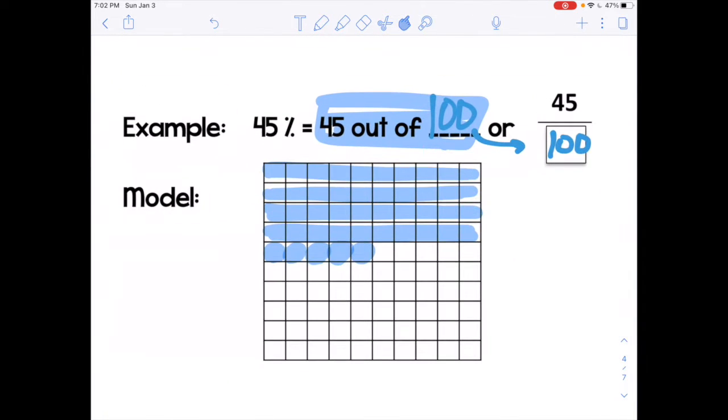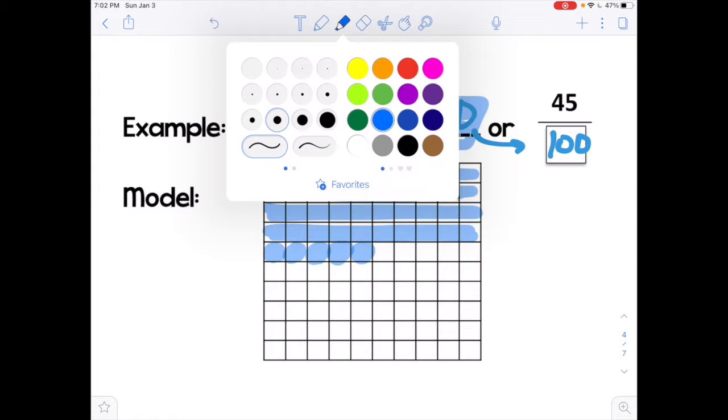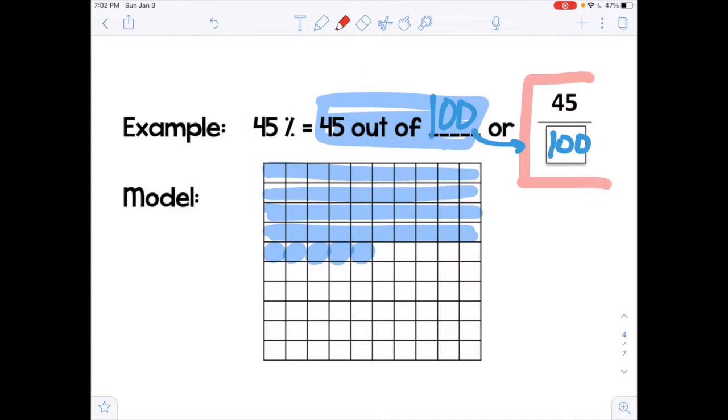So this is a picture of 45%. I've colored in 45 out of 100, or I've colored in this fraction over here in red, 45 100ths, 45 out of 100 total parts.